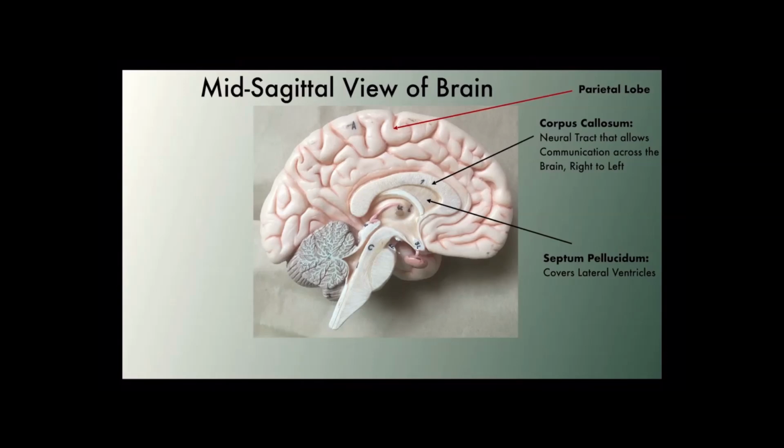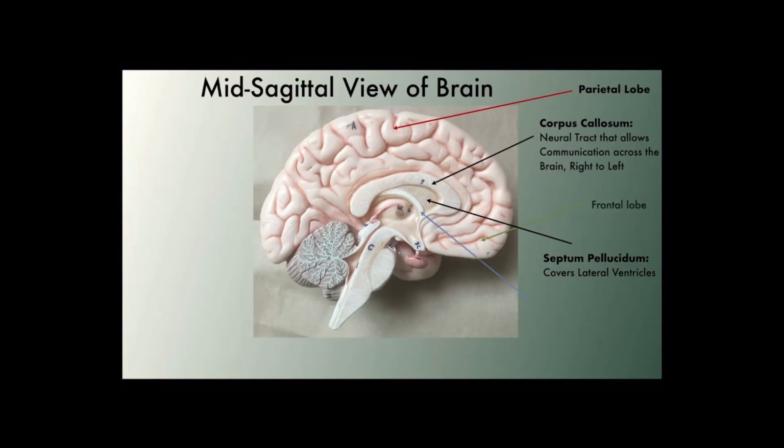Good. So, okay, I got it. Septum pellucidum covers the lateral ventricles. Septum pellucidum. Let's keep moving. How about here? That's right. Frontal lobe. That's our frontal lobe.